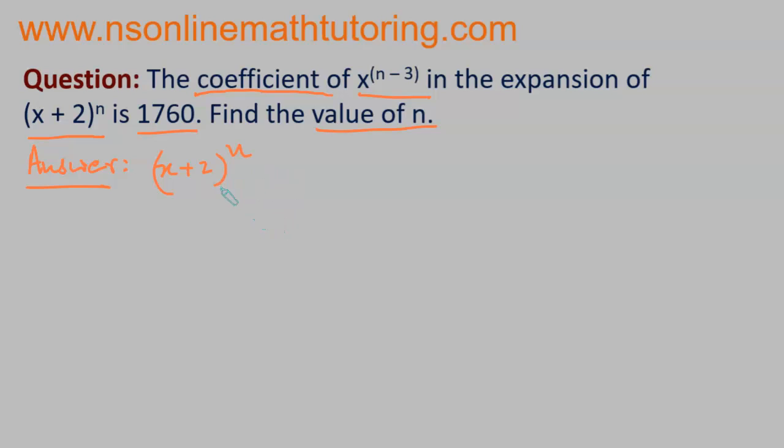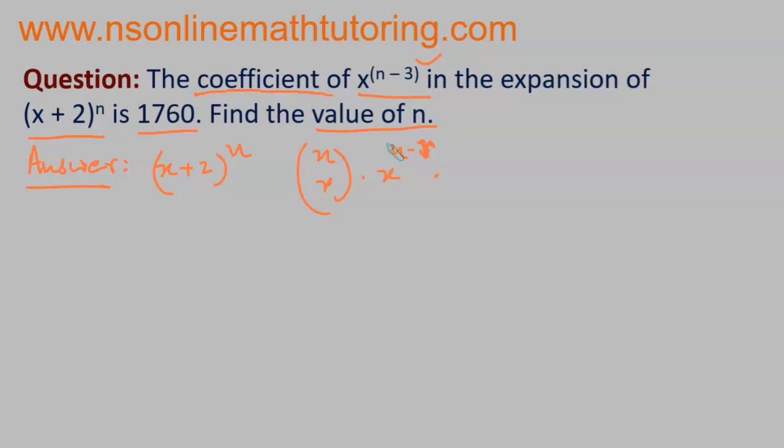So as we have done mostly, we will be starting with the general term in this case as well. The general term will be nCr x raised to the power of n minus r times... I was looking at the n minus 3 power, so by mistake I wrote n minus 3.